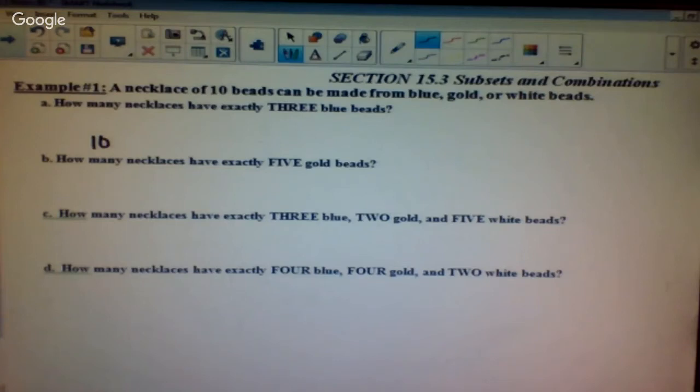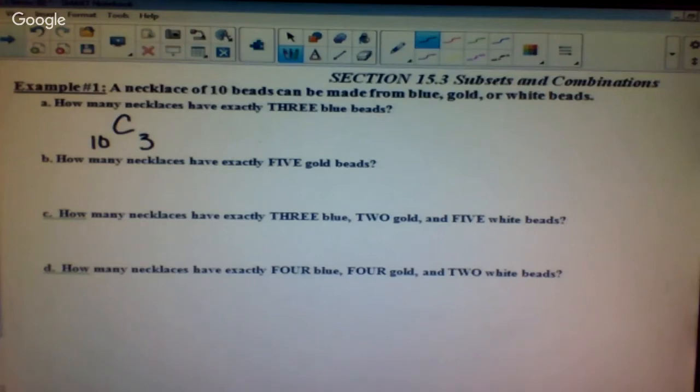So I have 10 beads, and I want 3 of them to be blue. Okay, I now need to fill how many other beads? How many more beads do I need to add to my necklace? 7. 7 more beads. How many options do I have for those 7 beads?